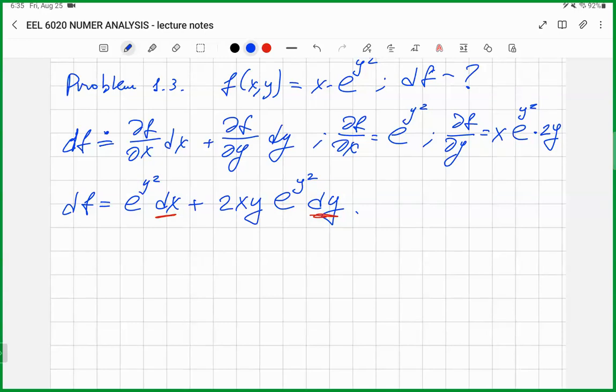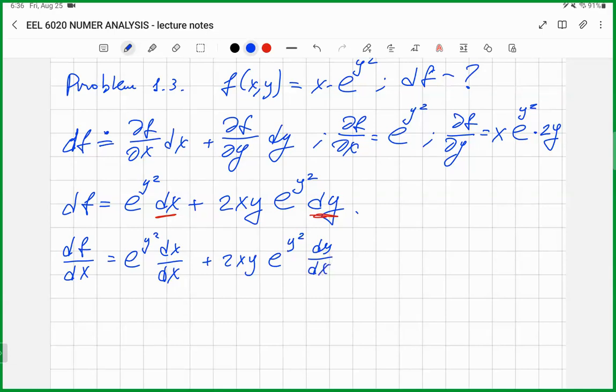In order to turn this into a derivative, for example by x, I would need to divide this line by delta x, right? So it will be df over dx, and I will get e to the power of y squared, and then dx over dx, which gives me 1. But then plus 2xy e to the power of y squared dy over dx.